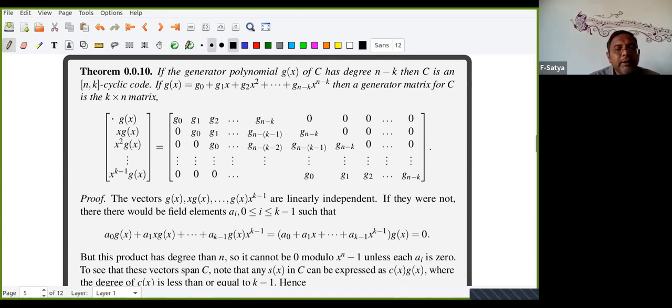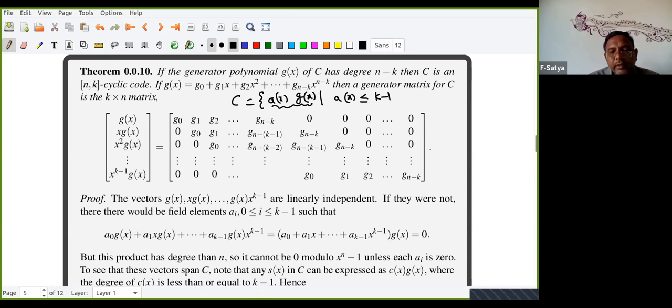Now you know that the cyclic code C is equal to what? a of x into g of x, where the degree of a of x is less than or equal to k minus 1, right? All these things are coming from this only. So a of x into g of x is a naught into g of x, a1 into x into g of x, up to a k minus 1, like this.